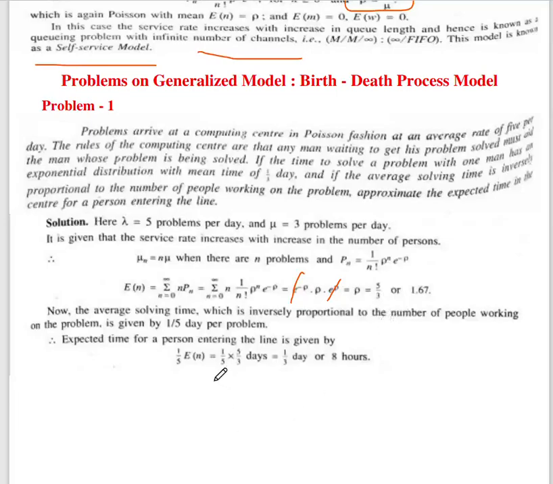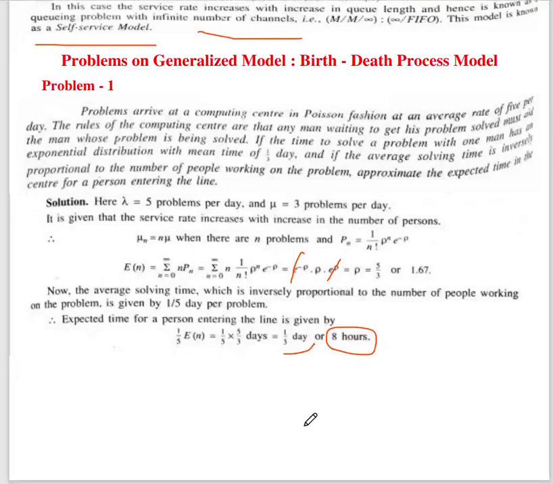Putting the values, we get 1 by 5 into 5 by 3 days, that is equal to 1 by 3 day, or we can say 8 hours. So this is in days and this is in hours. Therefore the expected time for a person entering a line will be 8 hours.